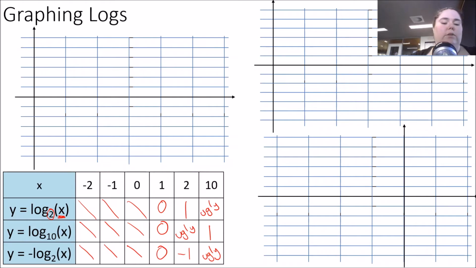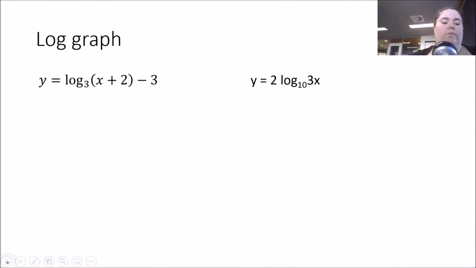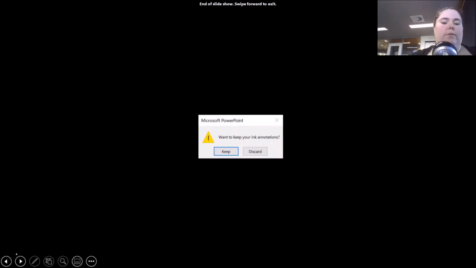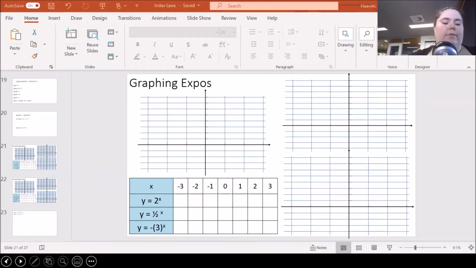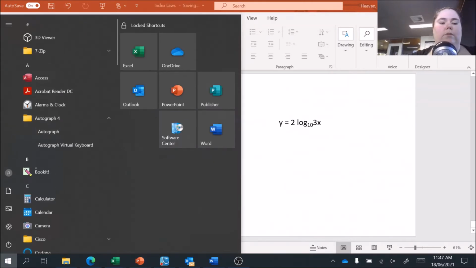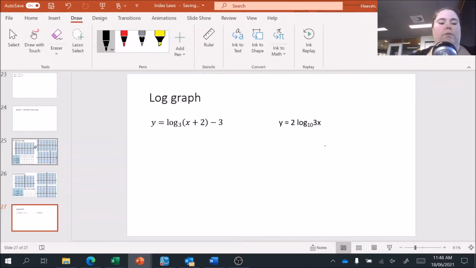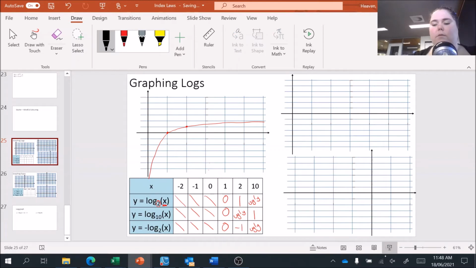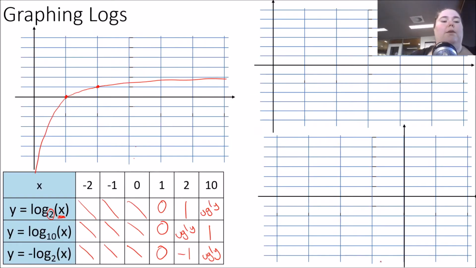So now let's graph them. The first one, well, when x is 1, y is 0. When x is 2, y is 1. And then we just follow his pattern. And we need to remember to put our asymptote in: x equals 0.